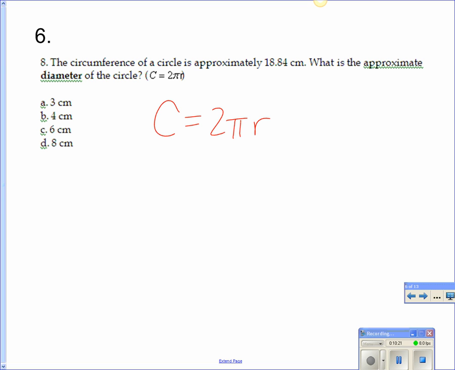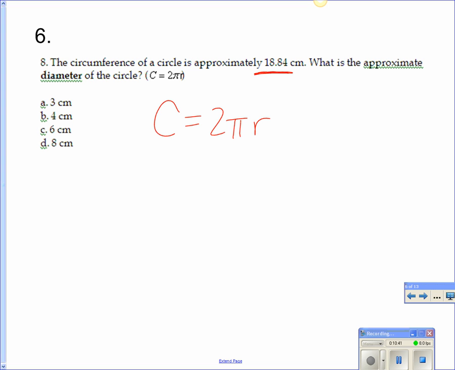All right, what is the first number that they give you in the problem? 18.84. What do they say that 18.84 is? The circumference. So which letter is the circumference?